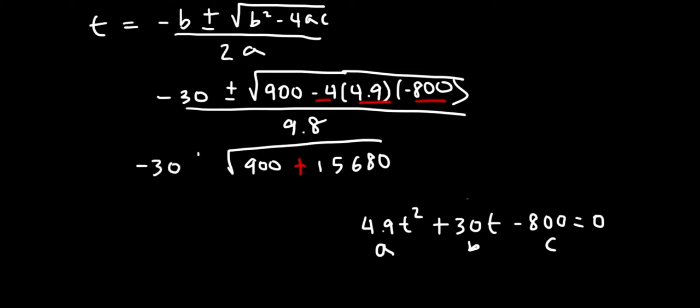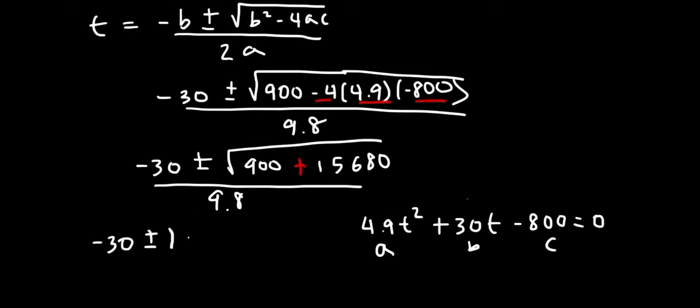So now let's add those two numbers. If we add 900, it's going to be 16,580. And the square root of that number is 128.76.